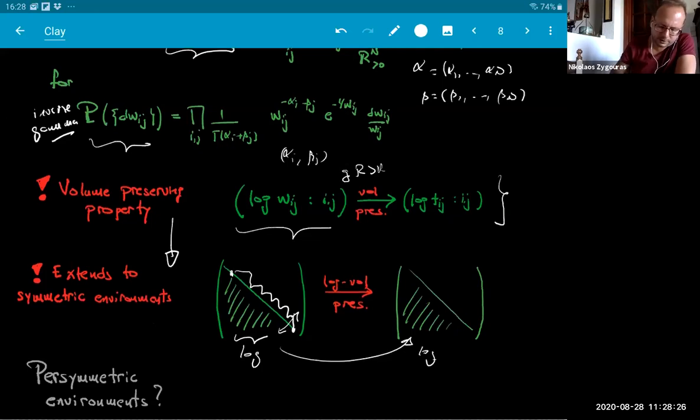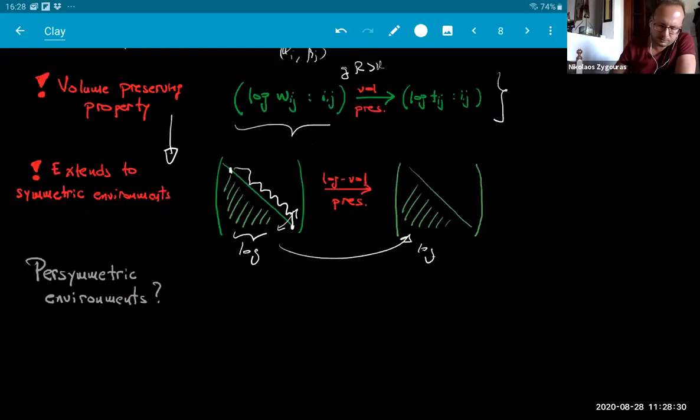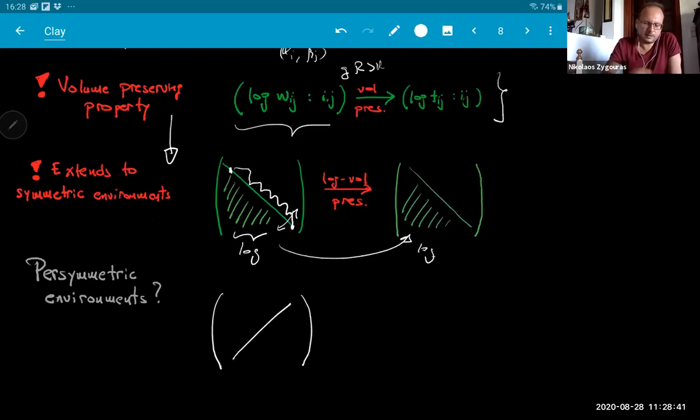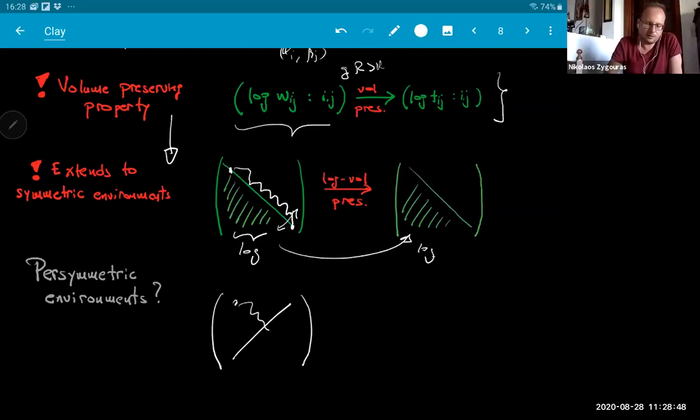Okay, so that was a story around 2013. And one thing that was bothering us that we also wanted to do at that time was the case of a persymmetric environment. This means that you have a matrix which is symmetric along the anti-diagonal. And then you want to basically describe the law of polymers in this way. Again, that was studied in a unified way by Baik and Rains.